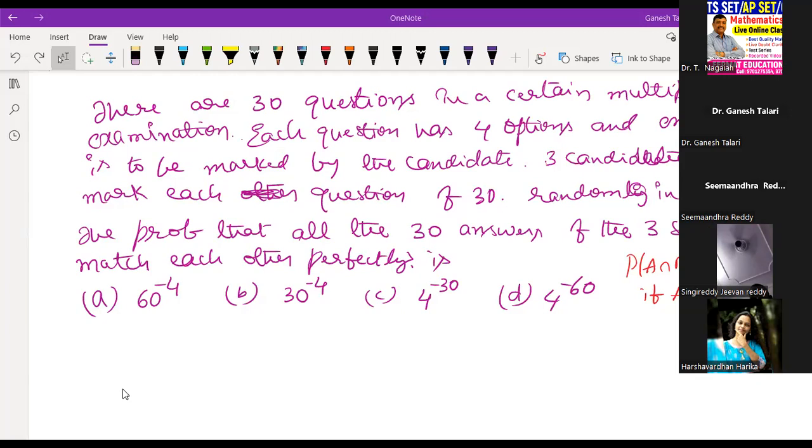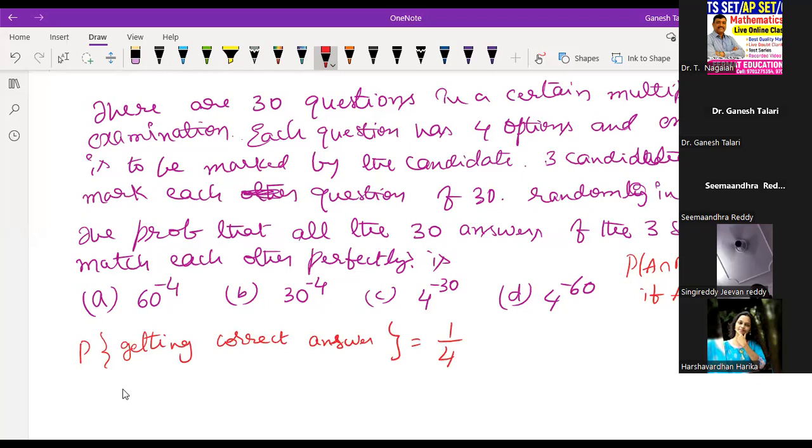See, first is probability of getting correct answer. What is the probability of getting correct answer? It is 1/4 because you have 4 options in a multiple choice question.